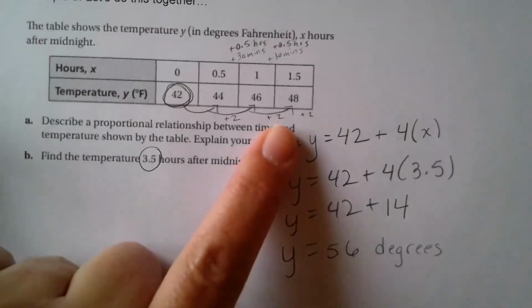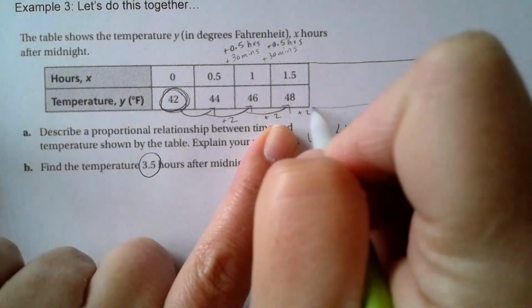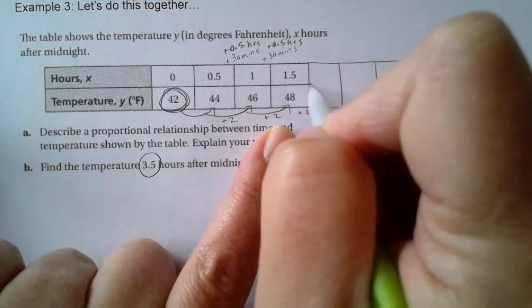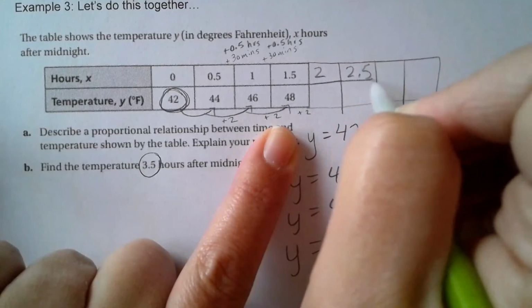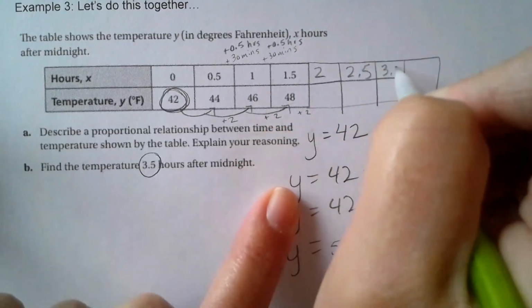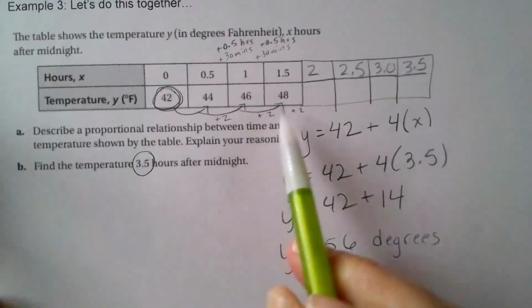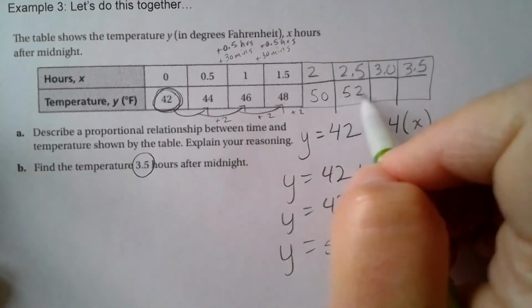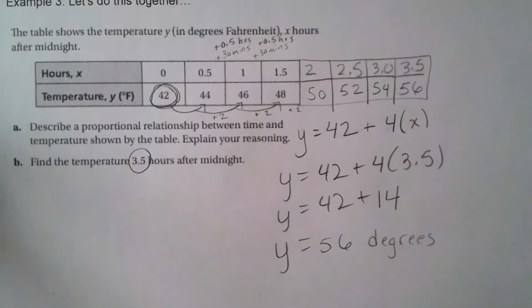So you could increase the table here and just see, right? Test it. So if we have 2 hours, and then this is 2.5, and then this is 3, and then this is 3.5. So if this is changing 2, this should be 50, 52, 54, 56.